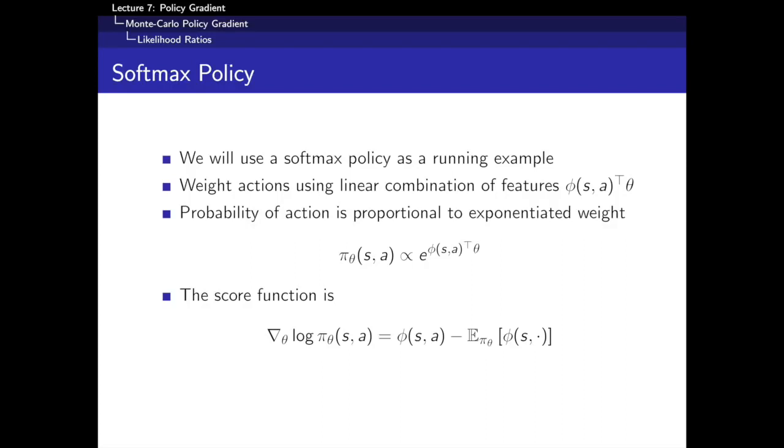And so what we'll see is when we start to do these policy gradient algorithms, what we'll actually end up doing is saying, if a feature occurs more than usual, and it gets a good reward, then we want to adjust the policy to do more of that thing. Okay, so this is the softmax policy.